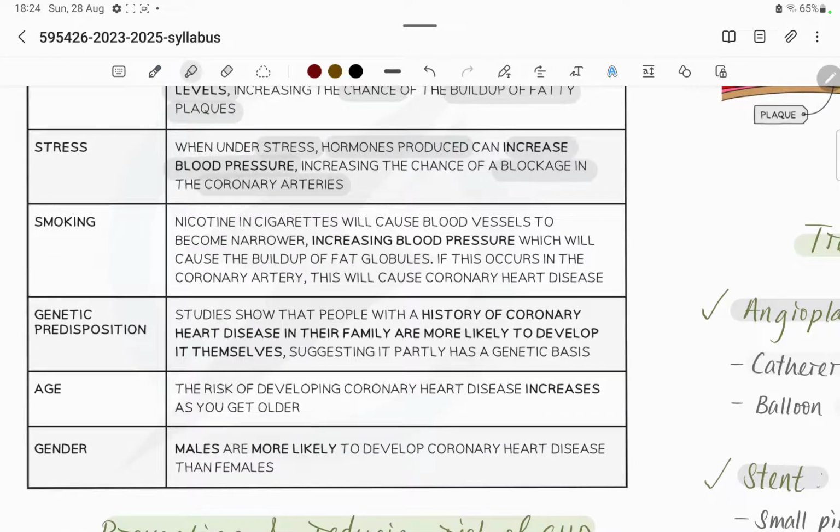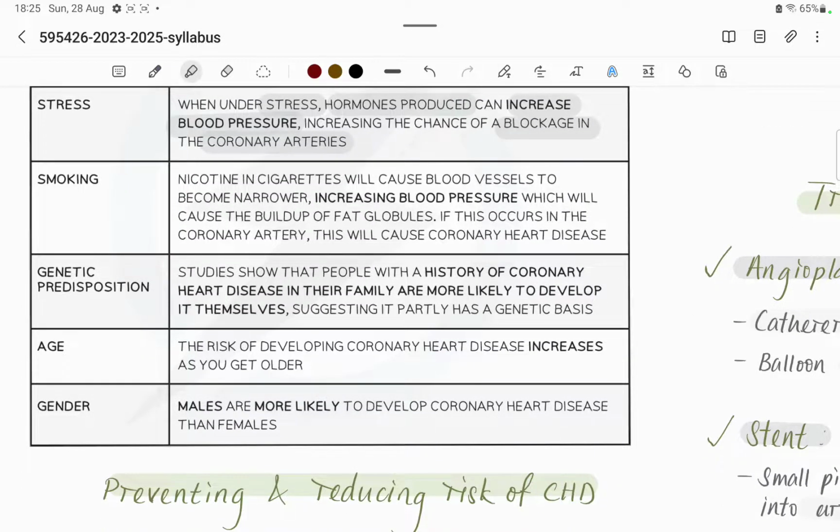Smoking. Nicotine in cigarettes will cause blood vessels to become narrower. This will increase the blood pressure, so the build-up of fat globules will increase also. And if the build-up of fat globules is at the coronary artery, this will cause CHD.